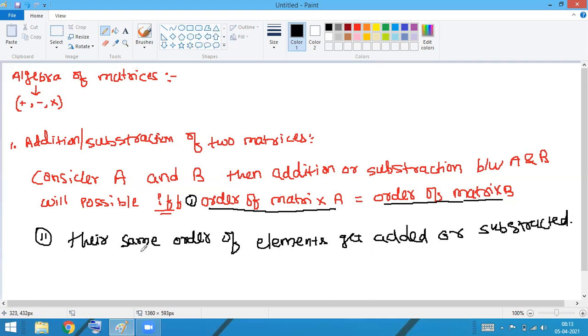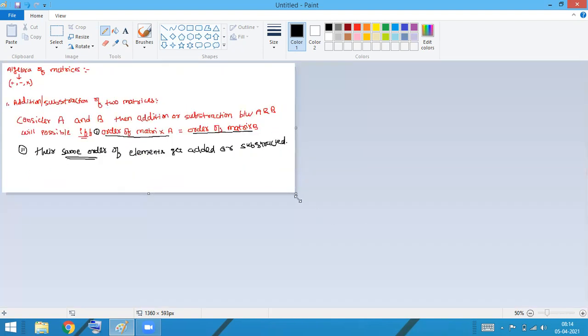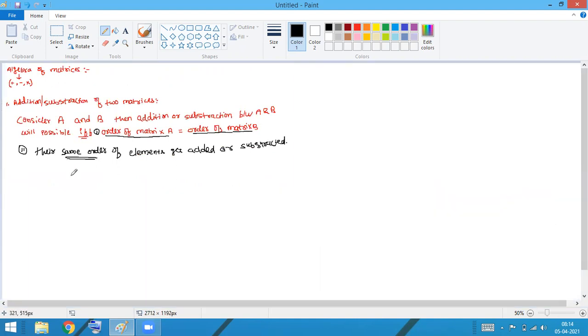It means that the same order is very important. So if you are doing the addition or subtraction, A का जो element का order होगा और B का जो order का element होगा, यदि दोनों same होगा, then we can say that addition will take place. Otherwise we cannot add. Okay, तो हम यहाँ पे एक example लेकर के देखते हैं.